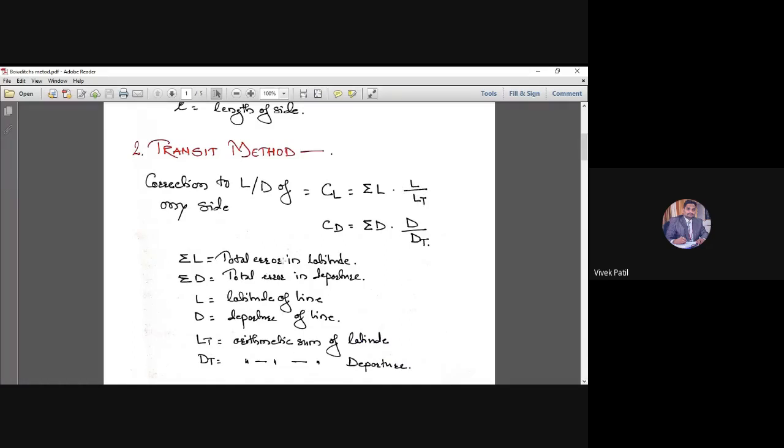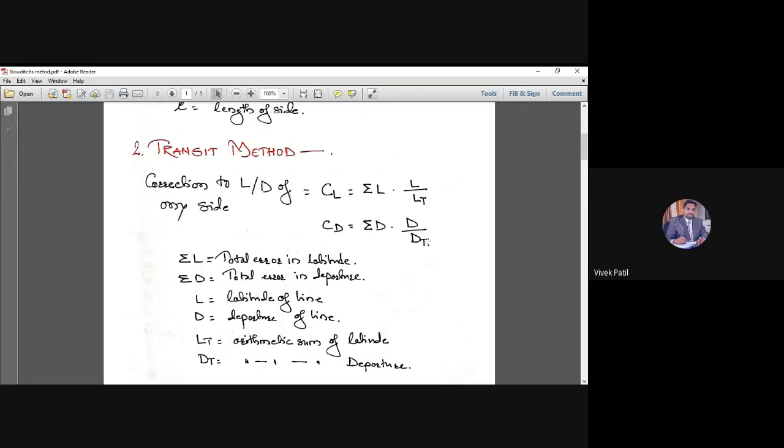Similarly for the departure, the correction is the total error in departure into the departure of that line divided by the arithmetic sum of departure. This is the formula for the transit method of the correction of departure. Once again, the correction for latitude by the transit method is the total error in latitude into the latitude of that line divided by the arithmetic sum of all the latitudes.